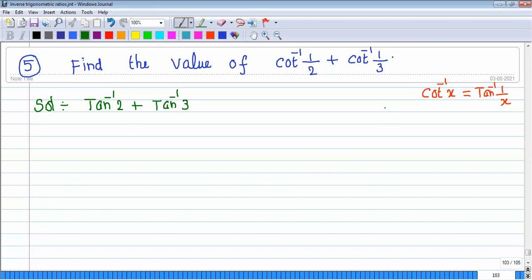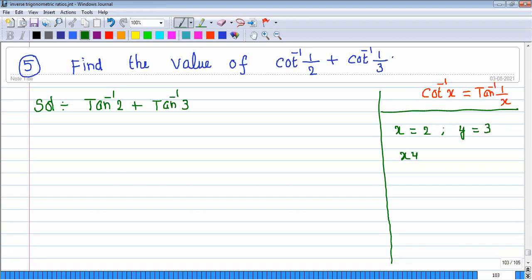Here one interesting thing needs to be discussed now. For example, if you say x is equal to 2 and y is equal to 3, find xy also. That is 2 into 3 will be 6, greater than 1. Here we get the two conditions, x greater than 0, y greater than 0, and xy greater than 1, not less than 1. You remember, xy greater than 1. So whenever this case appears, we have this formula for tan inverse x plus tan inverse y.